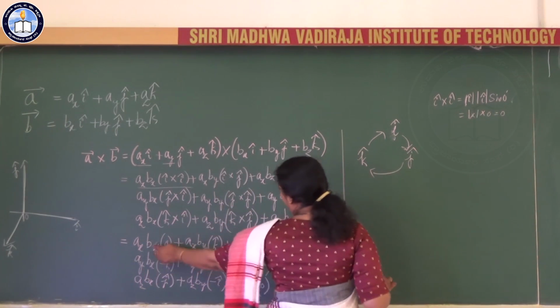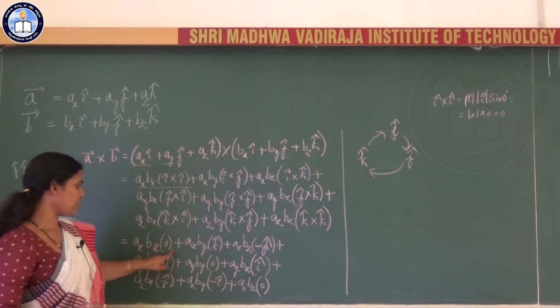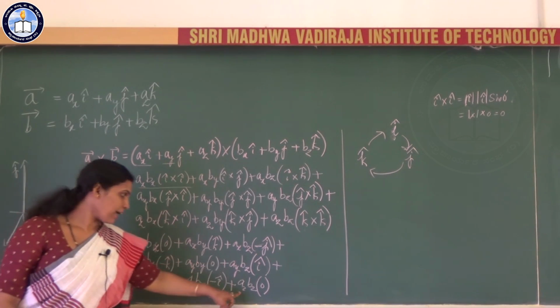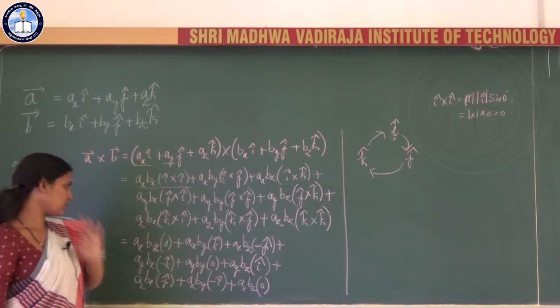Now take this. Ax bx into 0, so the whole thing goes. Here also Ay by into 0, Az bz into 0. Those terms go.